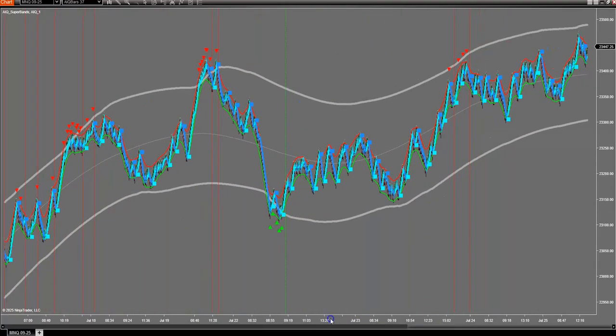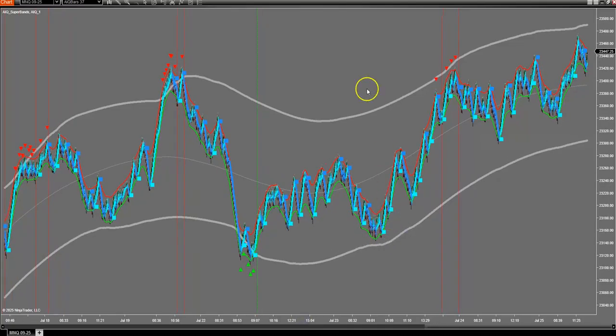So the fast bands are your micro analysis of price, and your main bands are your macro analysis of price. So the main bands give you a dynamic range. So it's showing you the current calculated range of price in your current period in comparison to hundreds and hundreds and hundreds, actually over 1,000, bars back.